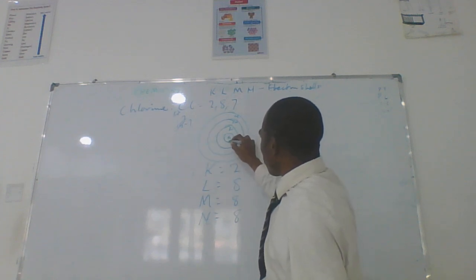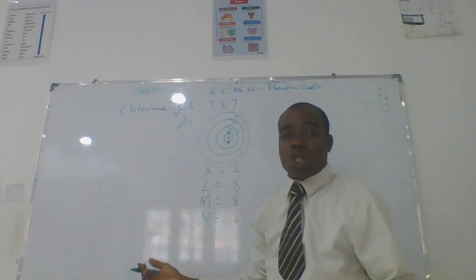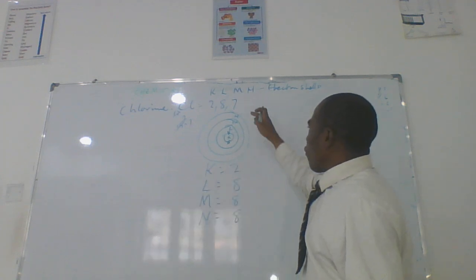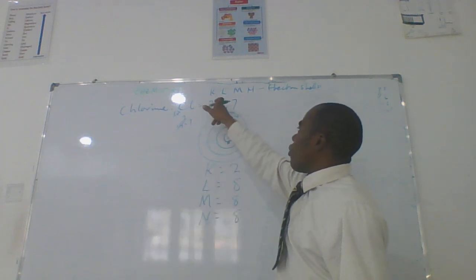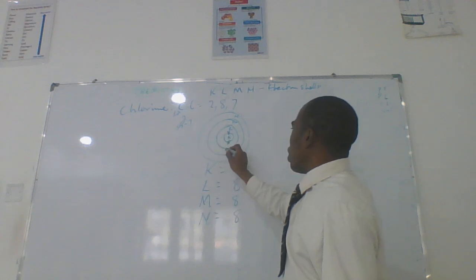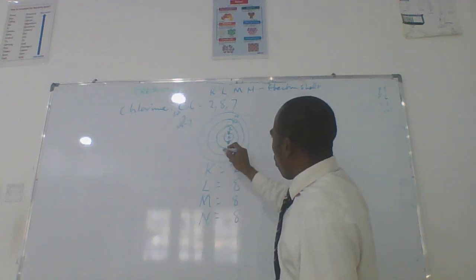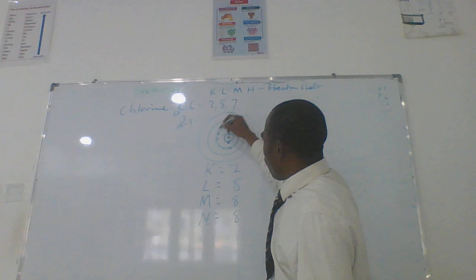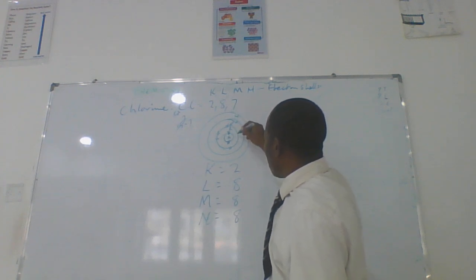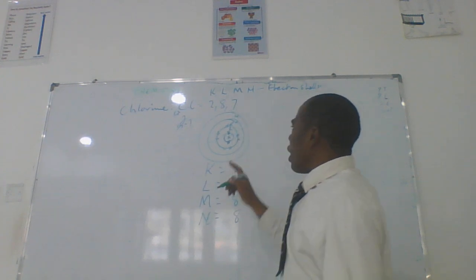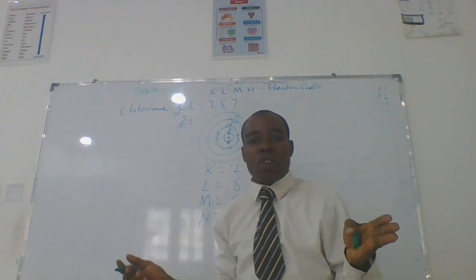I can use my cross here. I'm going to use dot as well. So then for the L shell, I have 8. So I'm putting 8 electrons here: 1, 2, 3, 4, 5, 6, 7, and 8. Now I'm left with just 7.